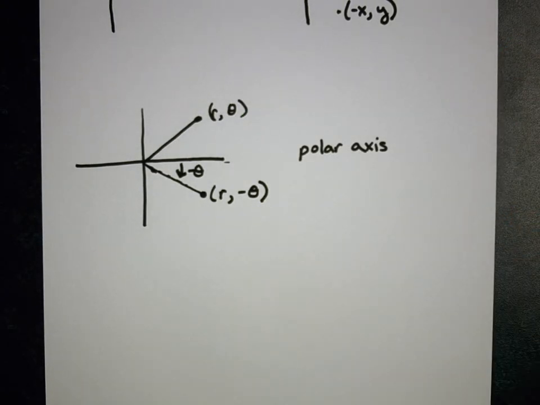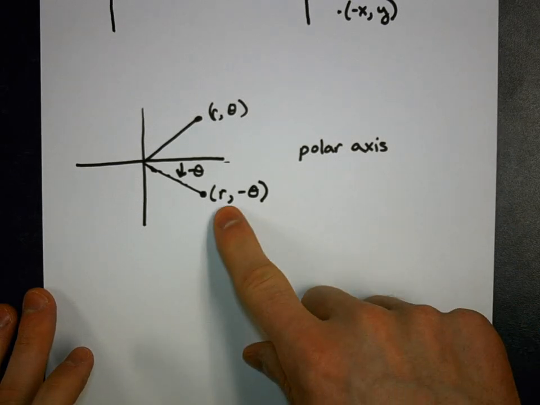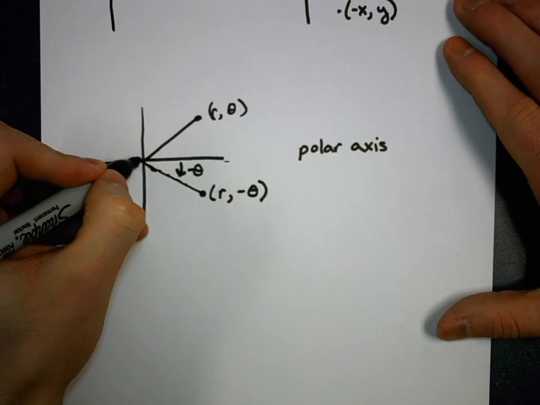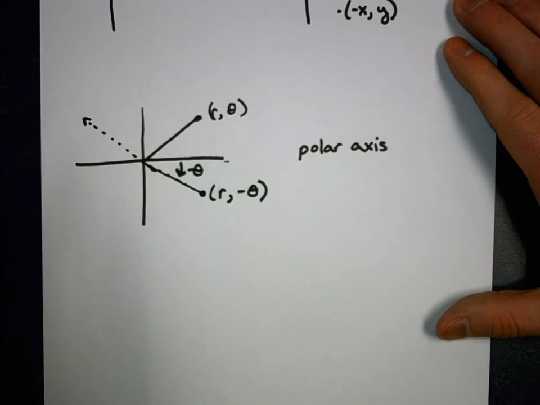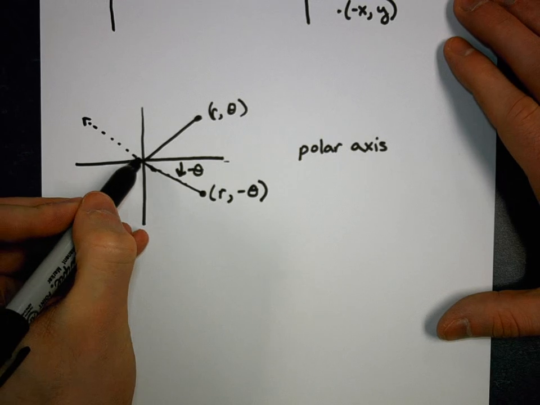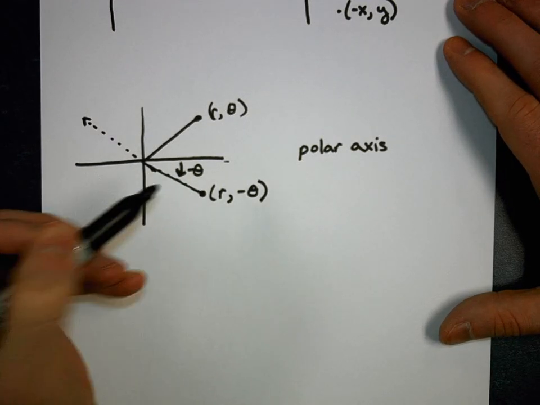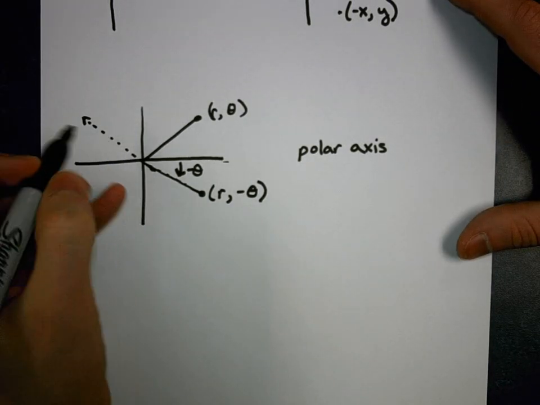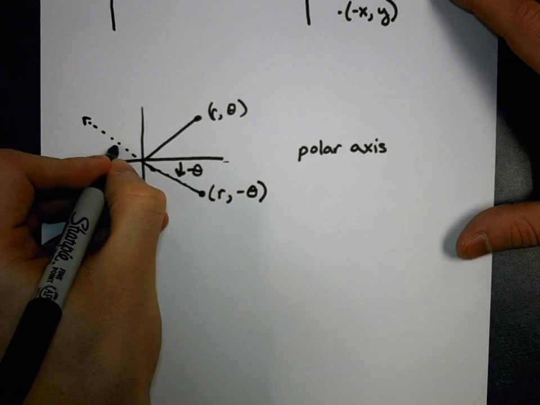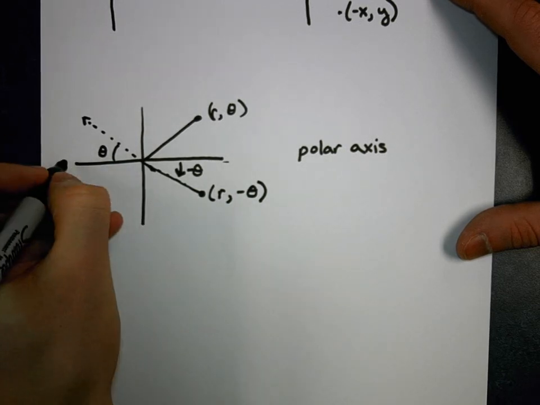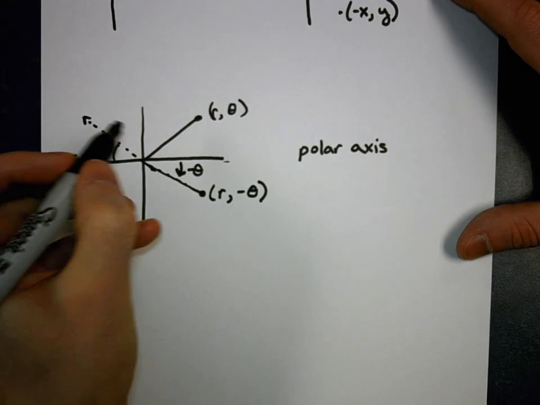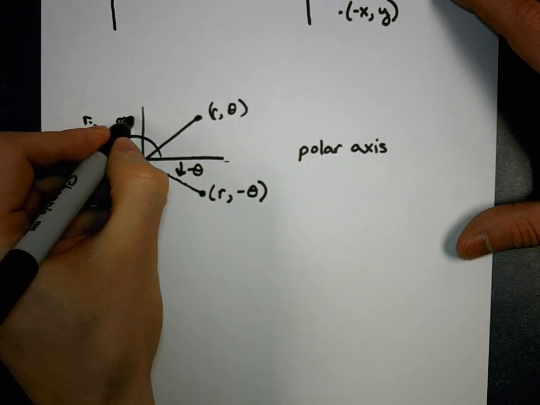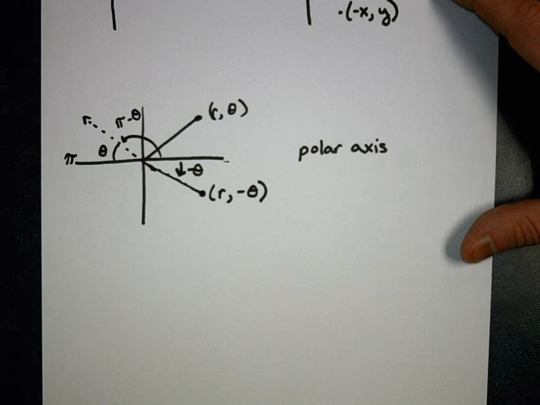But we also know we can represent this exact same point with a negative distance. If we do that, I've got to be facing in this direction, looking outward there, and then I walk backwards to get the negative distance. This angle here is theta, this we know is pi, so the entire angle measurement to get there is pi minus theta.